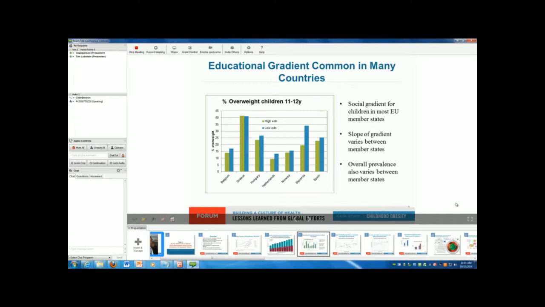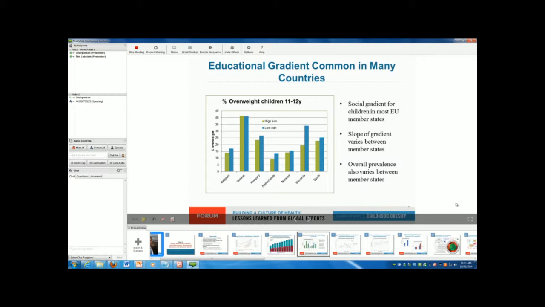You get the gradient. You get low-educated families tend to have children more likely to be overweight. The exception there you can see is Greece, where the level itself is extremely high. There are a couple of points to make from this, that the slope of the gradient does vary between different countries. These are all member states of the European Union, but they're remarkably different. You see Slovenia shows an extraordinary difference between high and low educated parents in the child obesity rates, whereas Greece is flat and Norway is pretty flat and so on.